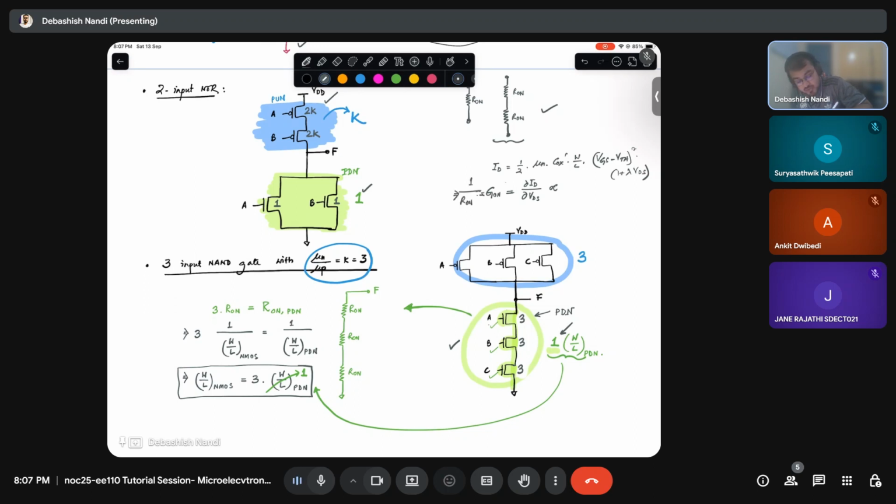This will be proportional to W by L. So your R on will be inversely proportional to W by L. Or in other way, you can remember this: if your W by L is increasing, current increases, so your R on will decrease.